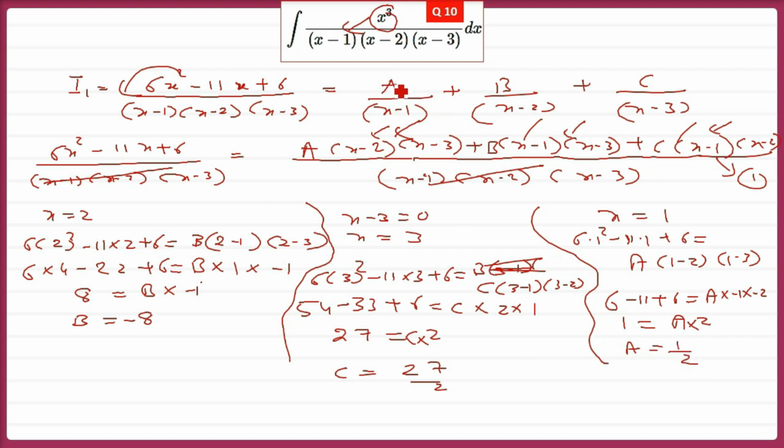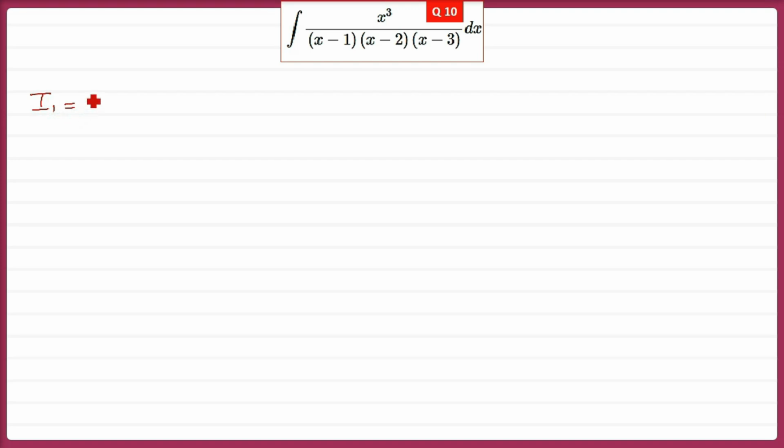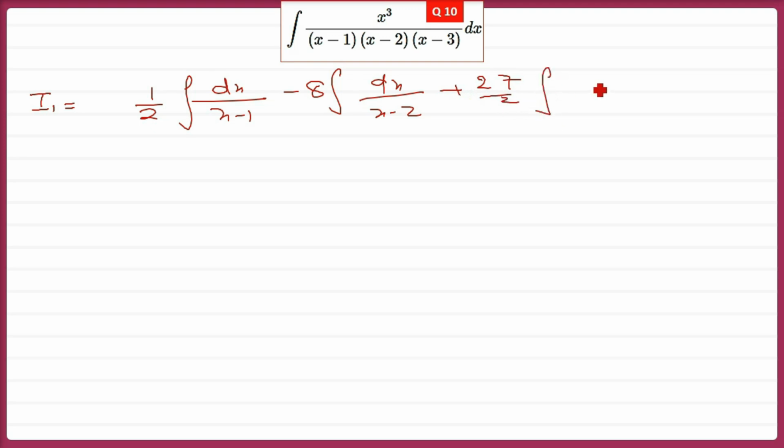Now here we are going to replace a by half, b by negative 8, c by 27 divided by 2, and we'll do the integration. So let me do the integration after taking out all these constants outside. So I1 became, after finding out ABC, half I'm taking outside, integration of dx divided by x minus 1, minus 8 integration of dx divided by x minus 2, plus 27 divided by 2 integration of dx divided by x minus 3.